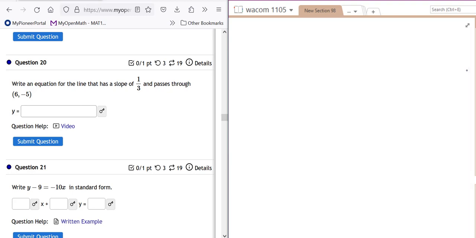This one you'll just have to clear it up. We just wrote one in slope-intercept form. We can do this one. You'll have to clear the fraction out. So we have m equals 1/3. We have 6, negative 5. So it doesn't specify, does it want standard form or does it want slope-intercept form?